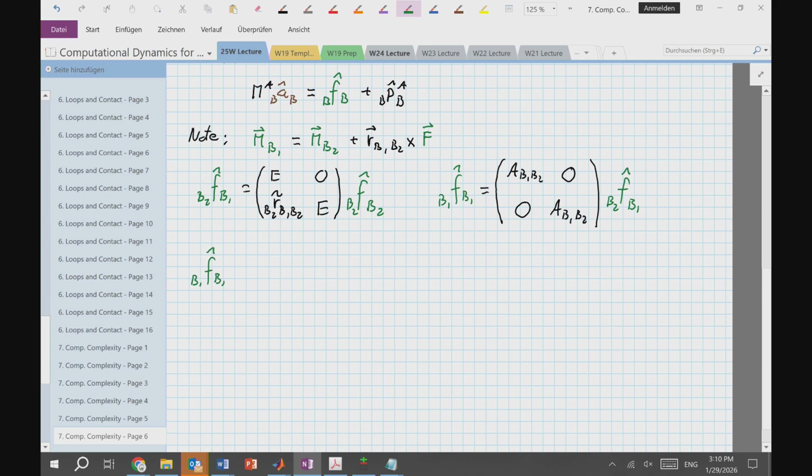So F with B1 as reference point expressed in B1 coordinates is going to be this 6-dimensional transformation matrix, which is just two 3-dimensional transformation matrices applied at the same time, pre-multiplied with this change of reference point matrix, which involves our cross product expressed through the tilde operator.